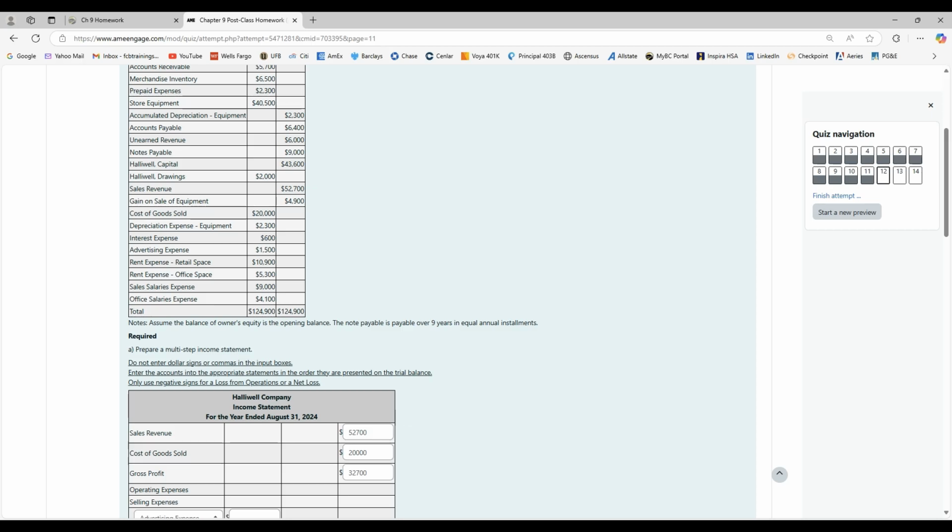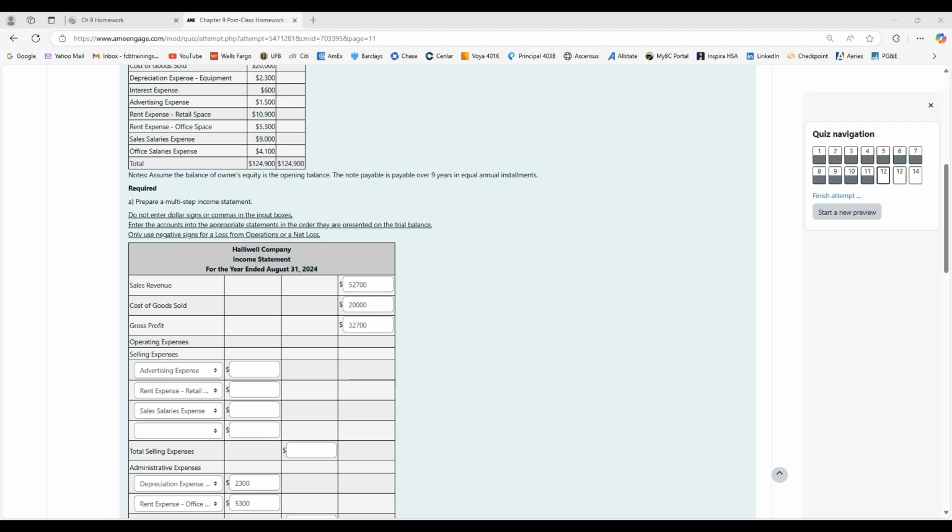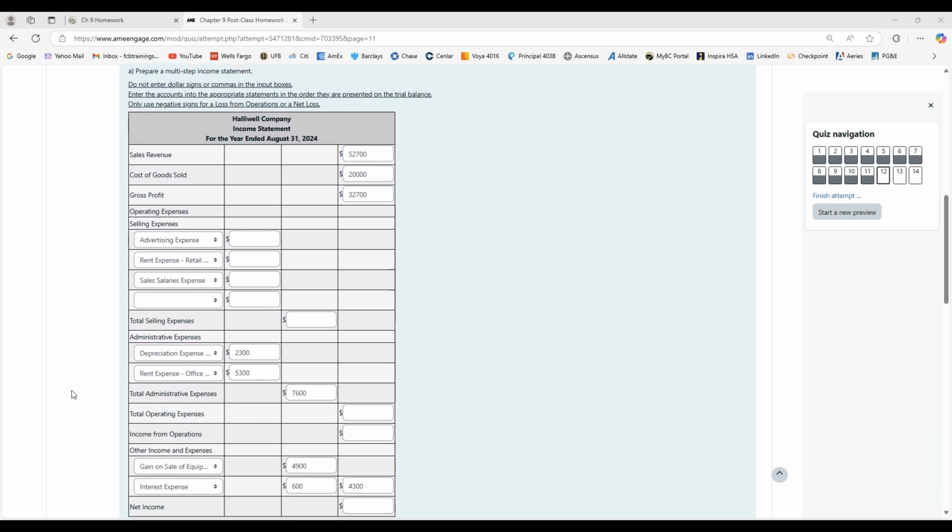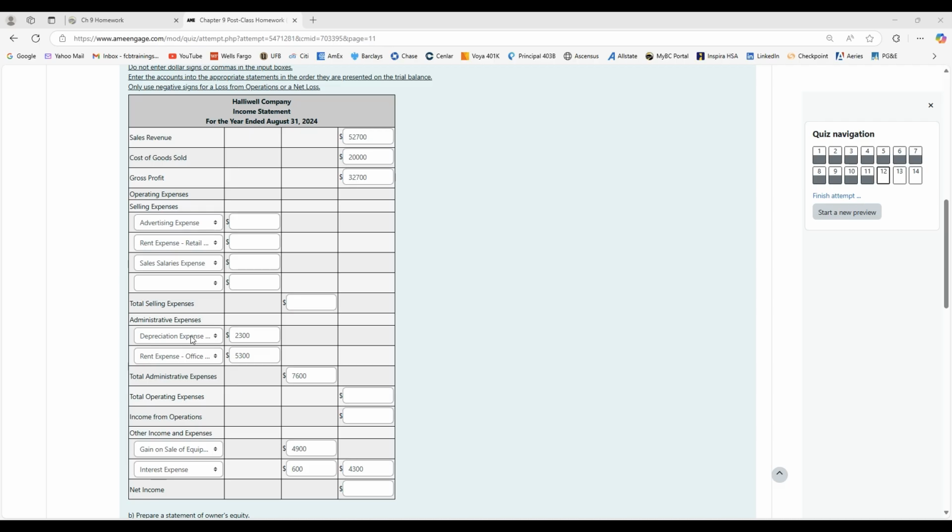What are we missing? Just taking a quick look here, see if I can figure something out. We've got the gain, we have the sales revenue, we've got the cost of goods sold, depreciation expense, we've got there, interest expense, advertising, office salaries. Oh, I guess we had office salaries. So let's put that up here.